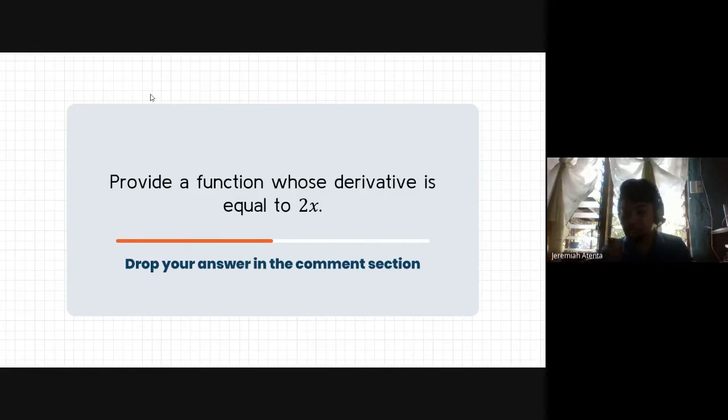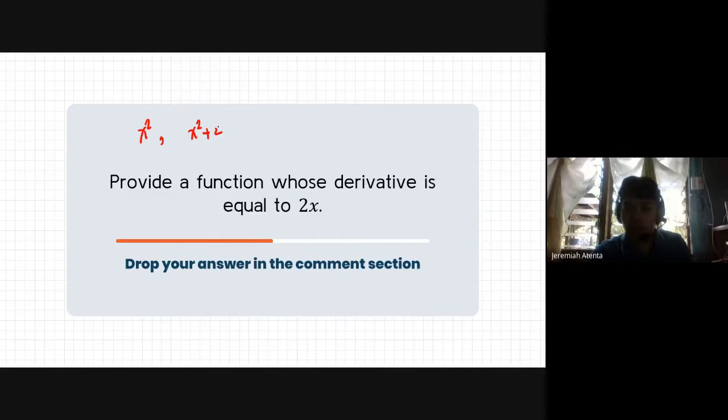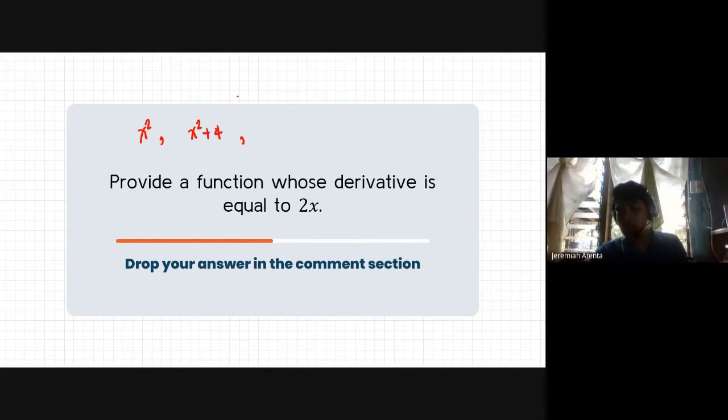Ayon, so may agad na nagbigay. We have x squared from Owen. So x squared. Another function aside from x squared. X squared plus 4. How about yung iba?